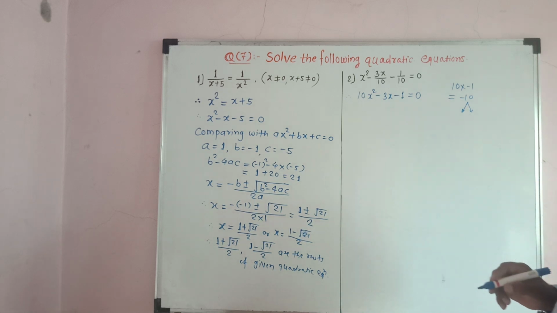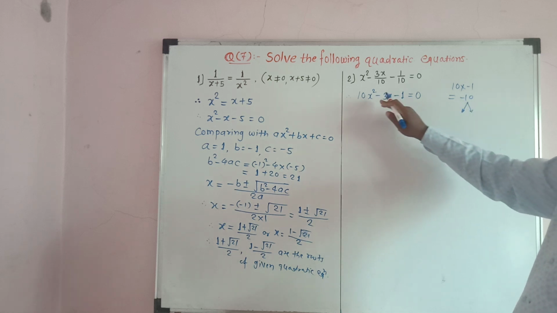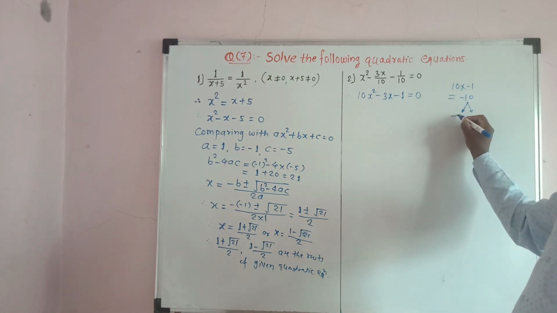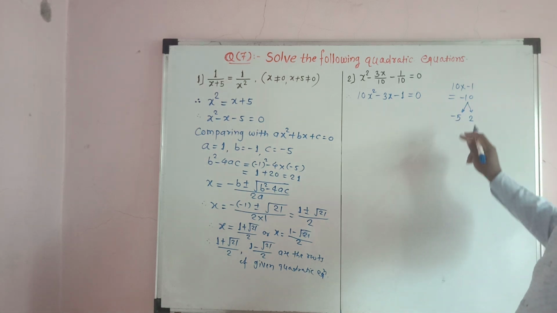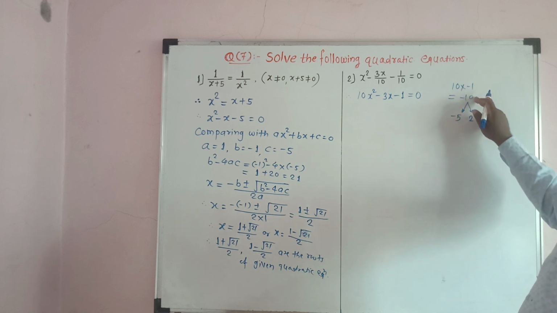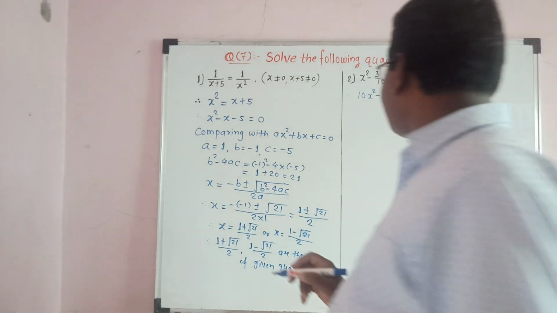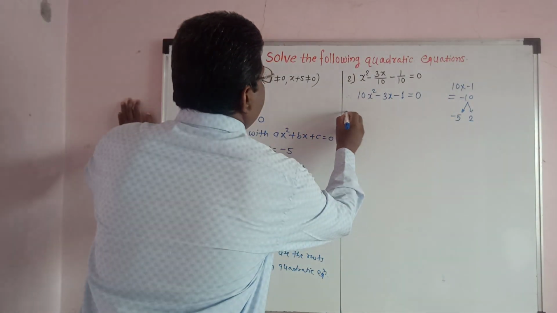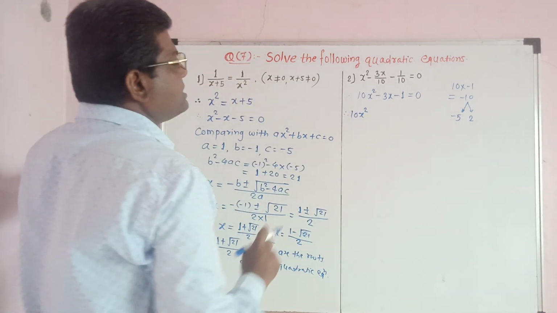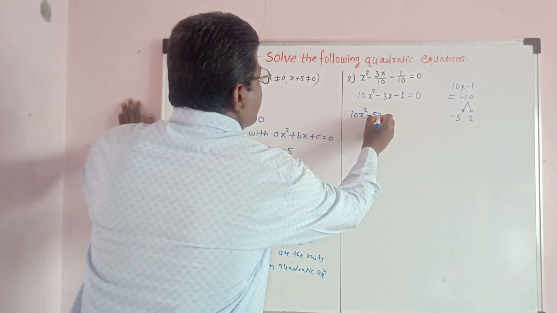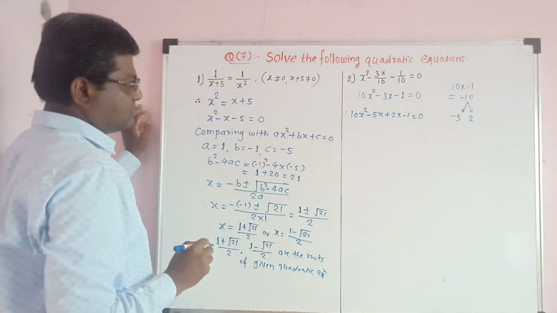So find two numbers such that their multiplication is minus 10 and addition is minus 3. So that numbers are minus 5 plus 2, because minus 5 into 2 is minus 10 and minus 5 plus 2 is minus 3. Therefore 10x square, and this minus 3x can be split up as minus 5x plus 2x minus 1 is equal to 0.